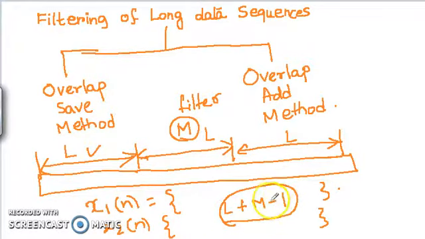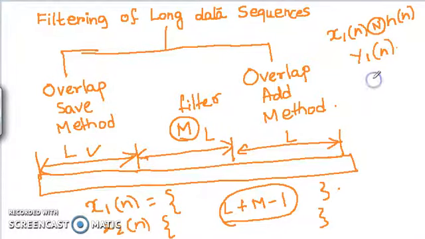Then we are going to perform circular convolution of each and every segment with the filter sequence, suppose h(n), and we will get the result y1(n).